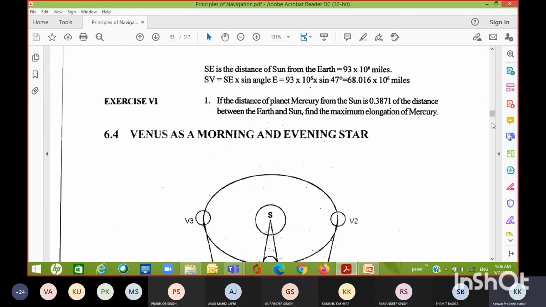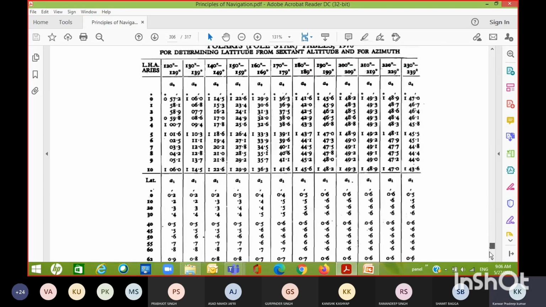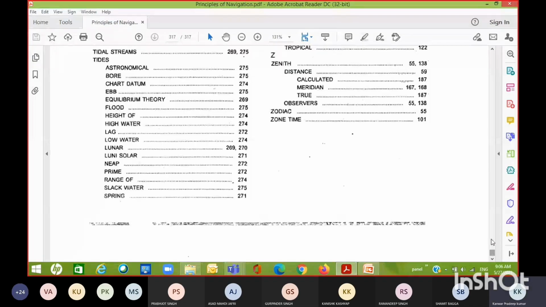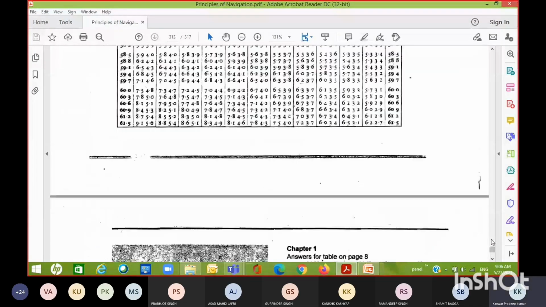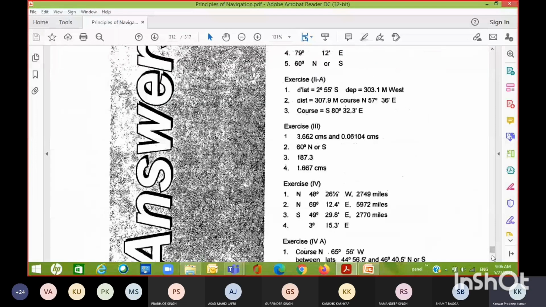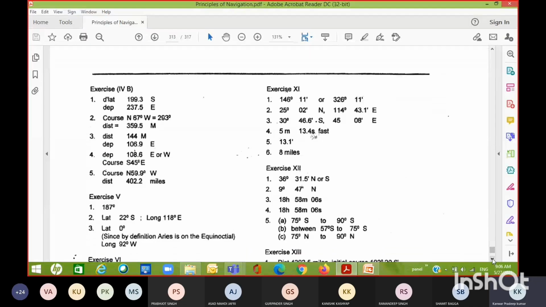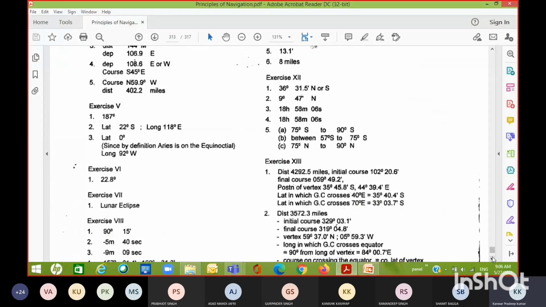Exercise 6. The answers are given at the back of the book. The answer should be 22.8 degrees.